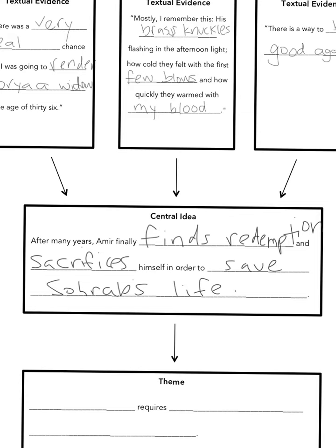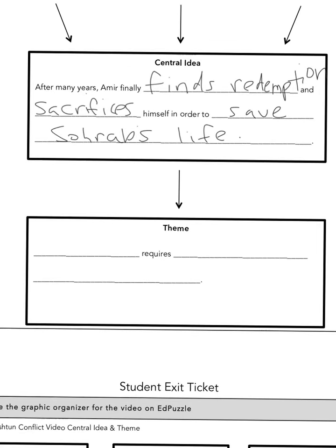Now, I'm going to translate this into a theme statement. The theme statement is going to be broad and be able to apply to your life and to my life. So I'm going to write, redemption requires self-sacrifice.